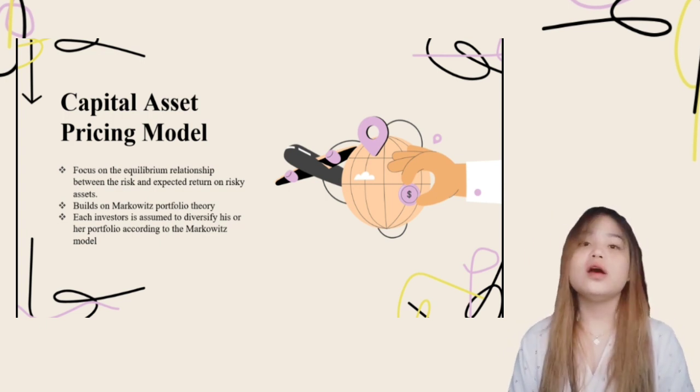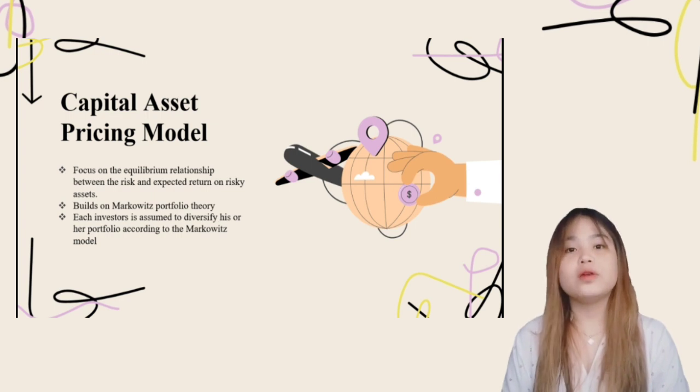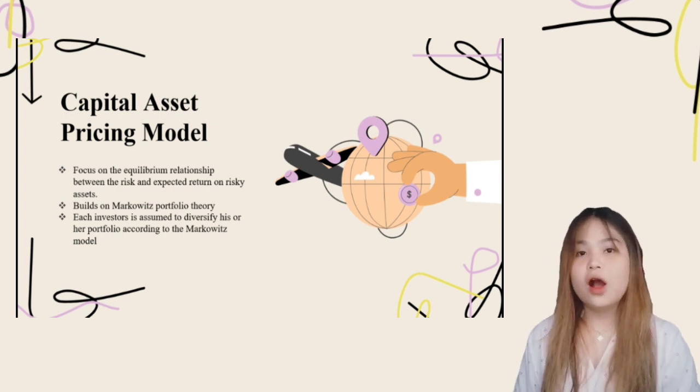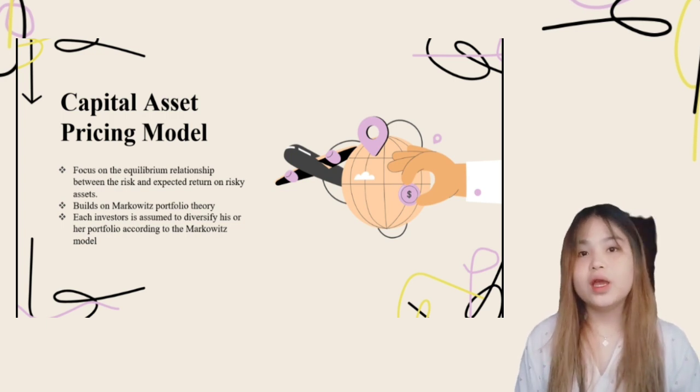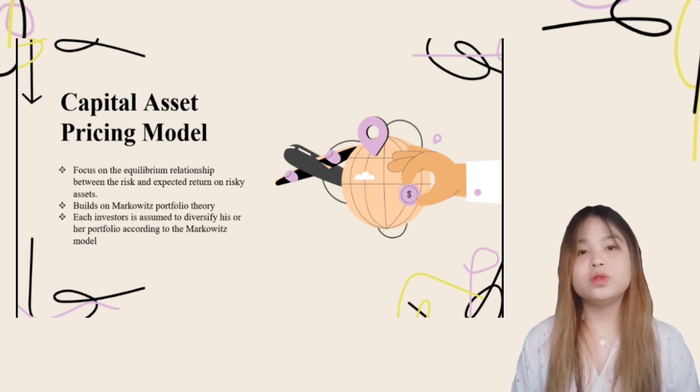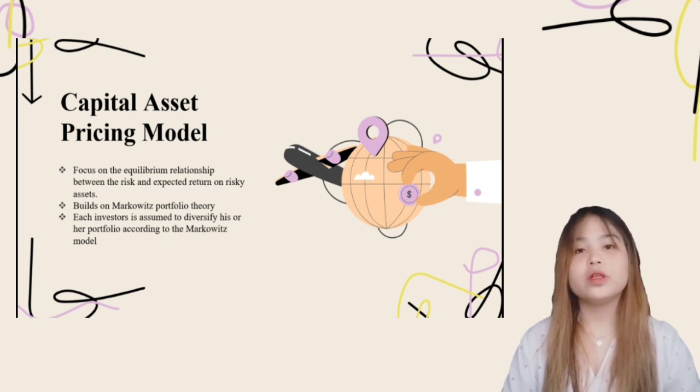Also, they focus on the equilibrium relationship between the risk and expected return on risky assets built on Markowitz portfolio theory. Each investor is assumed to diversify his or her portfolio according to the Markowitz model.